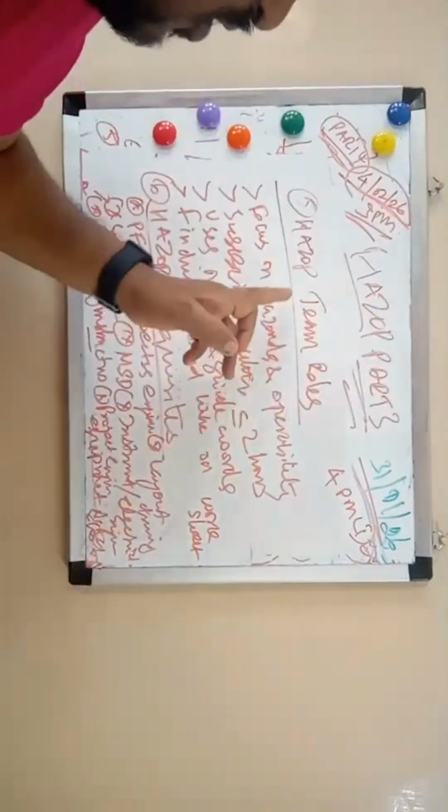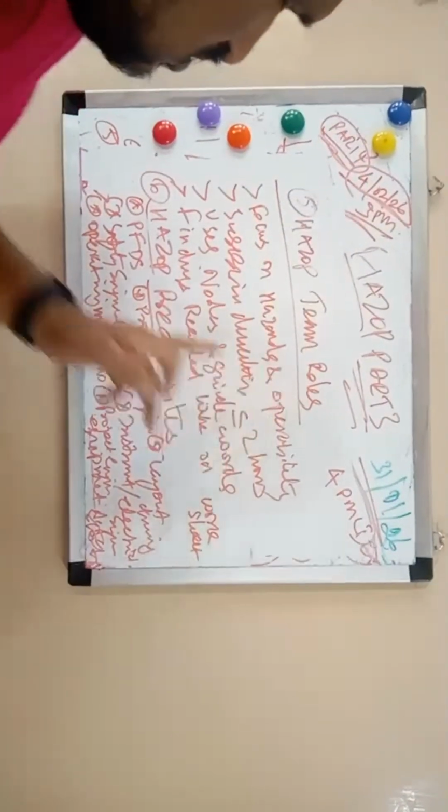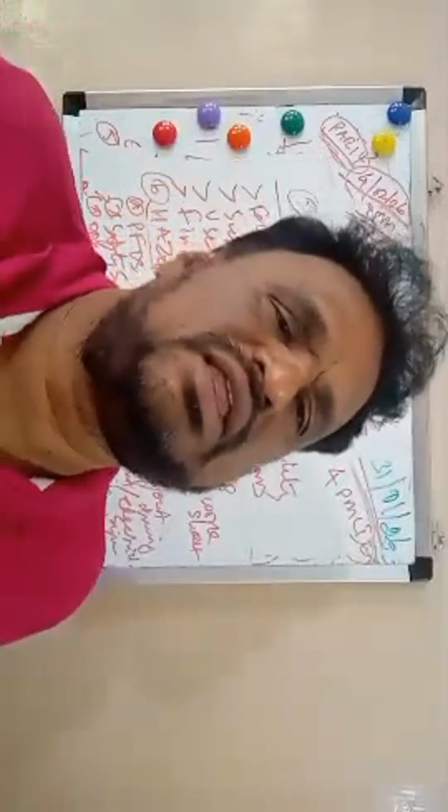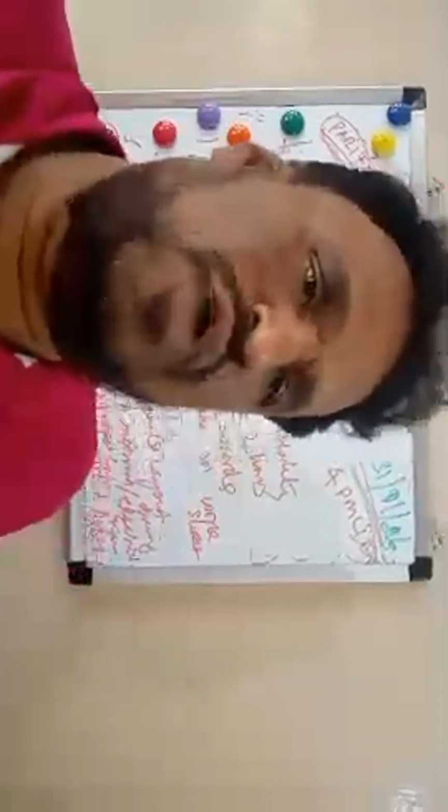Two topics. One is HAZOP team roles, and another one is HAZOP prerequisites. In part 2, we have seen the objectives, when HAZOP is really applicable, when HAZOP is required, and what the requirements are for doing the HAZOP.